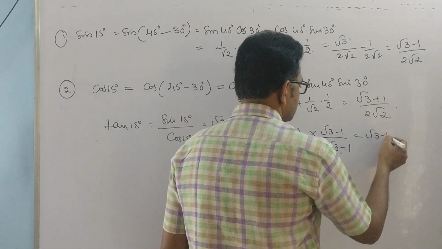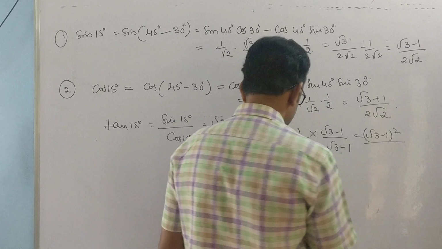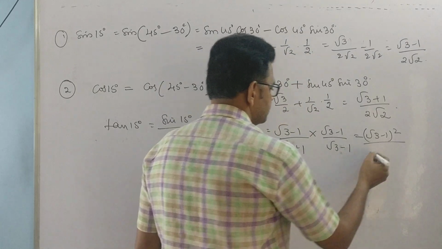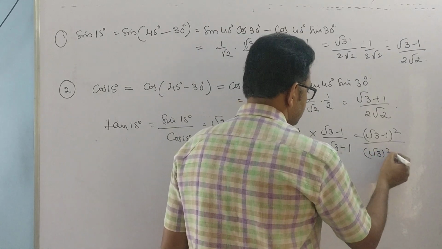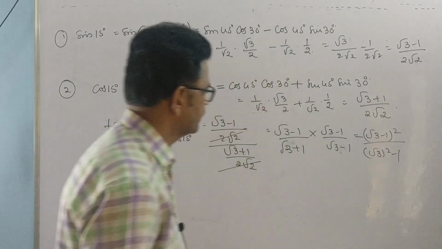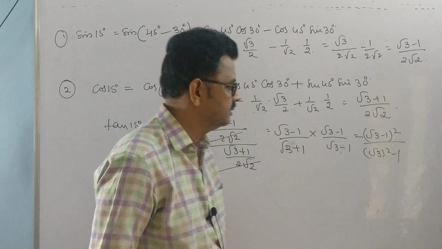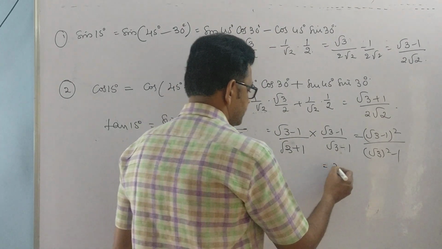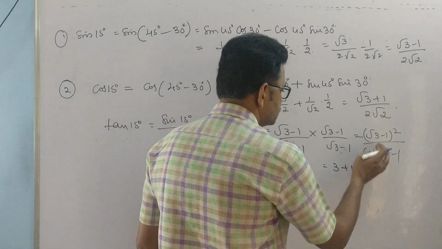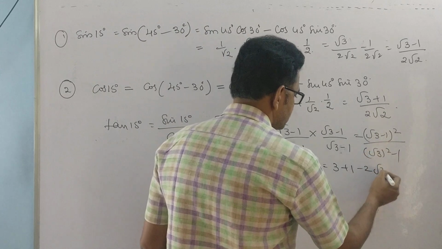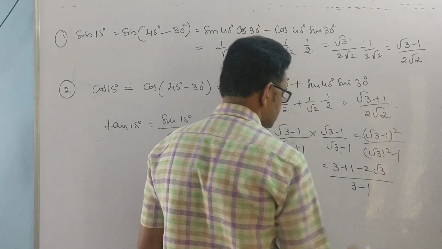So the numerator is root 3 minus 1 whole square, and the denominator is a minus b into a plus b, a square minus b square. Numerator is the a minus b whole square formula: a square 3 plus b square 1 minus 2 into root 3 into 1, by 3 minus 1.